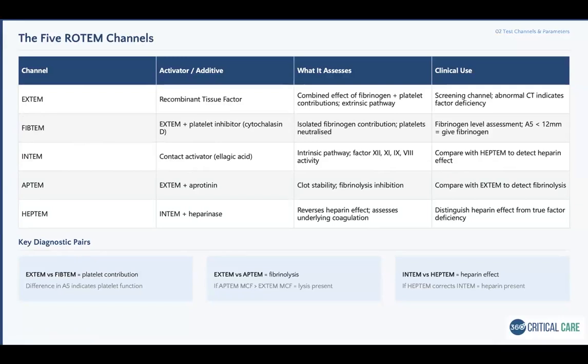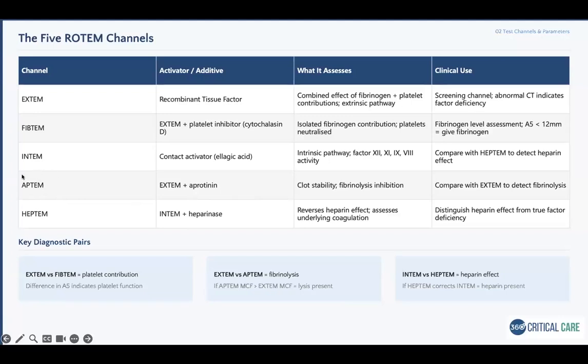That means if an abnormal INTEM gets corrected in HEPTEM, the effect is because of heparin. Because in HEPTEM we add some heparinase, we take away the heparin effect, so whatever effect is there is because of the intrinsic pathway factors. And if it normalizes in HEPTEM, that means the abnormality we saw in INTEM is because of heparin. So HEPTEM looks at heparin effect.